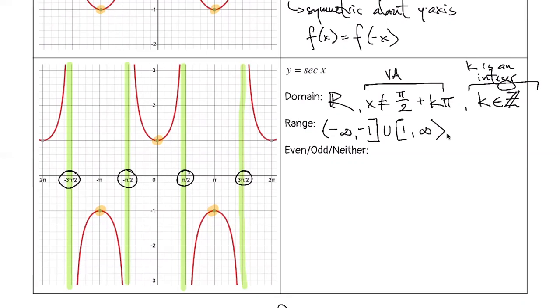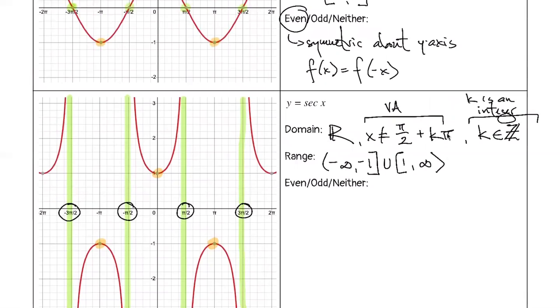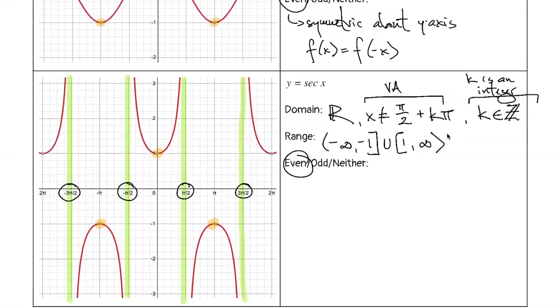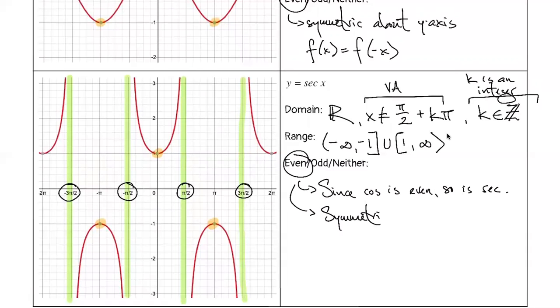Now, if we want to choose even, odd, or neither, we could use some reasoning we had in class, which is that if cosine is even, so is secant, okay? So since cosine is even, so is secant, all right? But we could also look at the symmetry here, and we see that it is symmetric about the y-axis, okay?